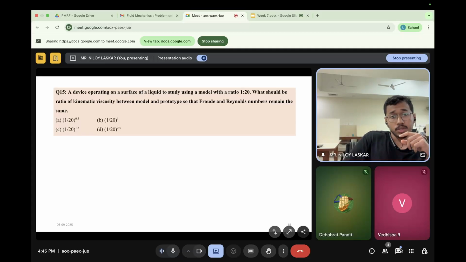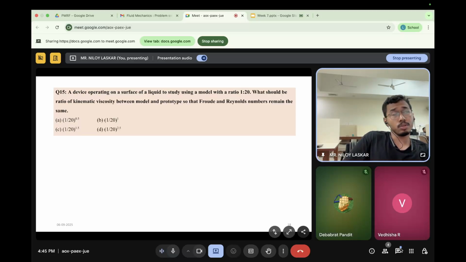And after this question, I will give you one more question regarding another concept. So till now, what concepts have we studied? Most of the numericals are from Froude number, and in this question, the concept of Reynolds number is implemented. So two numbers remain, and the numericals on these two concepts are quite few.